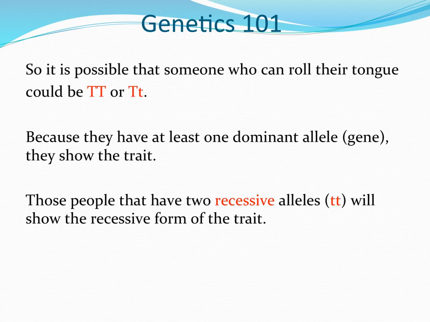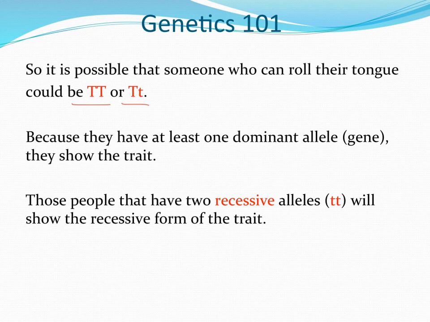So continuing with the example of tongue rolling, if you're able to roll your tongue, your alleles or genes would be either big T, big T, or big T, little t.